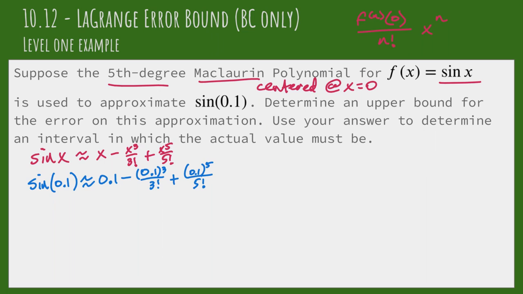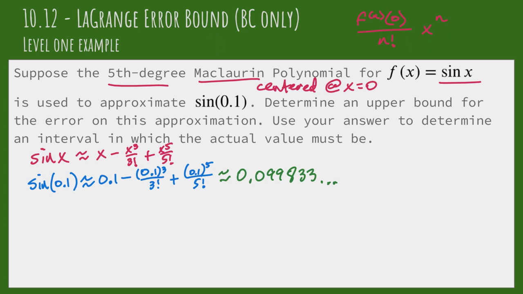So let me plug this into my calculator. And what we end up with is going to be about 0.0998333 and so on, more stuff here. So that's going to give us an approximation for the sine function at 0.1.